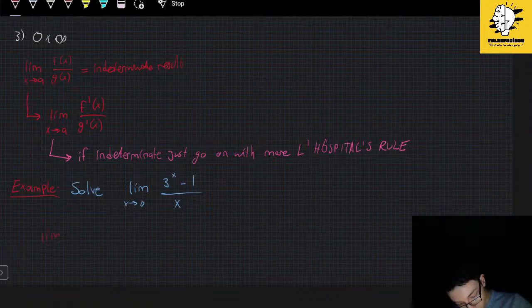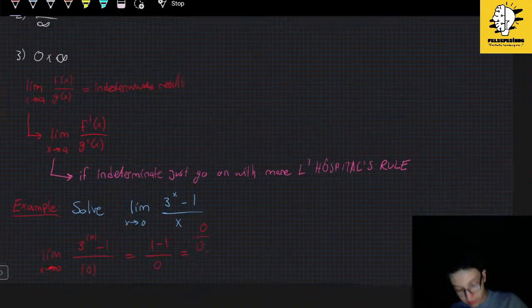Limit as x approaches 0, 3 to the power 0, minus 1, over 0, right? We come to know that 1 minus 1 over 0 means 0 over 0. Is it one of those indeterminate cases?